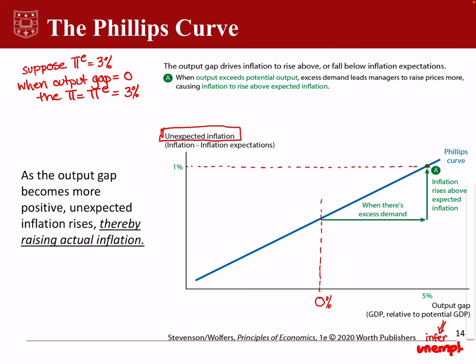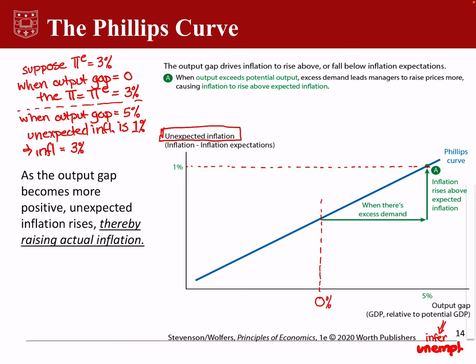Now, what this depiction of the Phillips curve is telling us is that when the output gap is 5%, unexpected inflation is 1%. And so what that means is that the actual rate of inflation is the expected rate of inflation plus the rate of inflation that is due to these demand pull factors, which is this 1%.